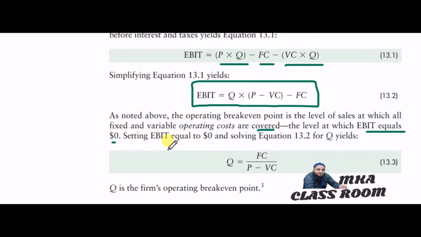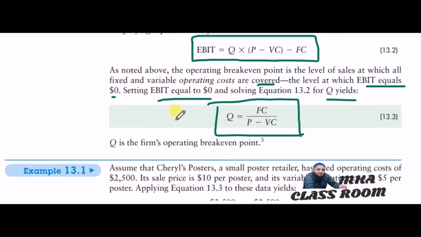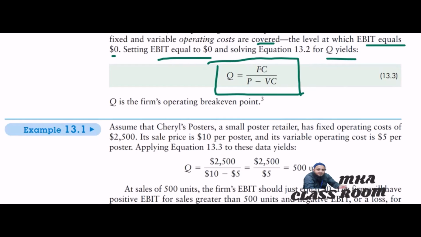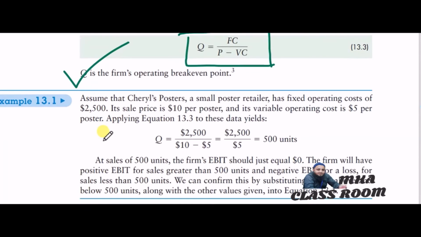If we set EBIT equal to 0 and solve for Q, we get Q equals FC divided by (P minus VC). That is the firm's operating break-even point.